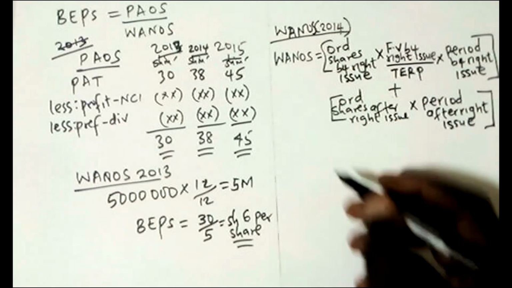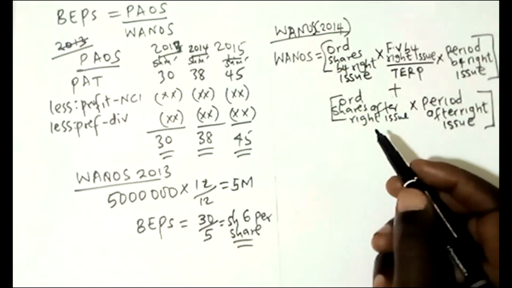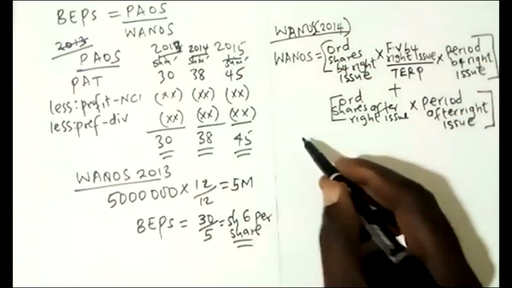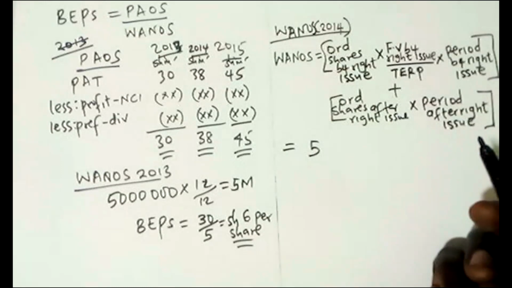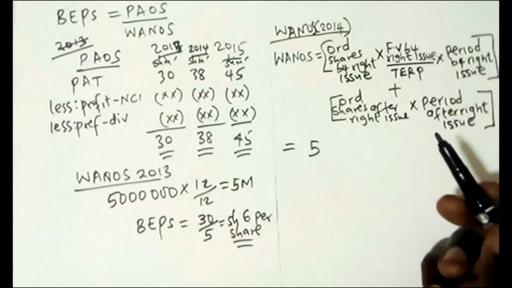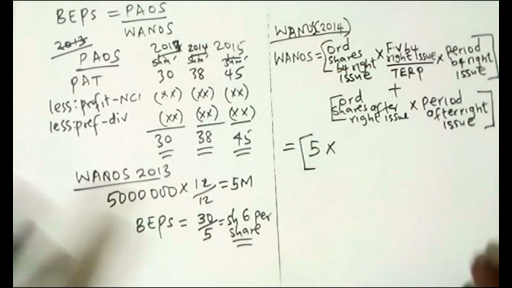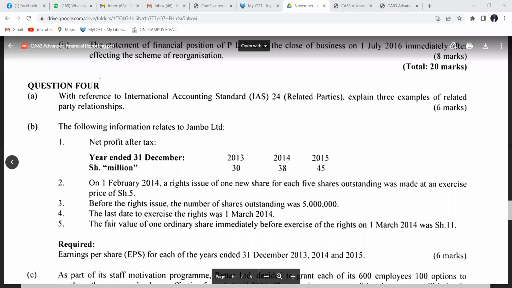So that now we can apply the shares we have in our formula. The ordinary shares before the rights issue is 5 million, the one which was there in 2013. The fair value is obviously higher than the price at which they made the rights issue.